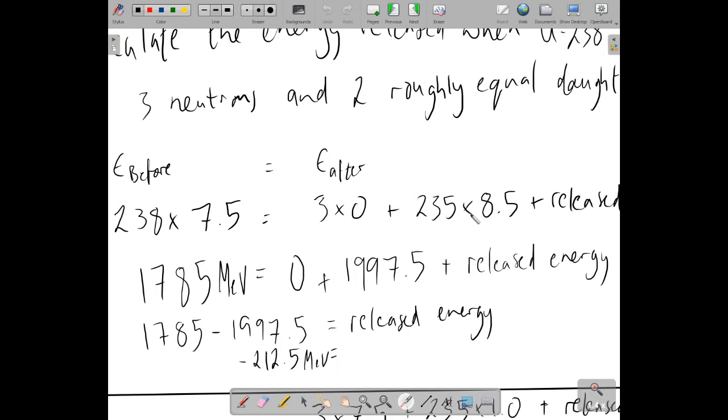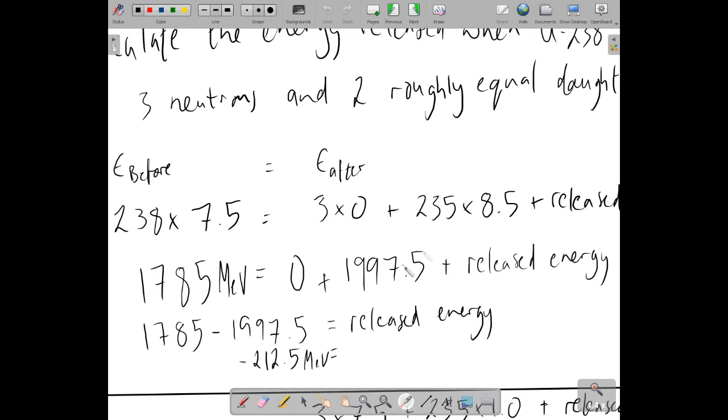So I said that it was going to be split into 2 and it was going to go to 8.5. So 235 times 8.5 gives me 1997.5. So you can see that this energy here, the binding energy, is greater than this energy here.